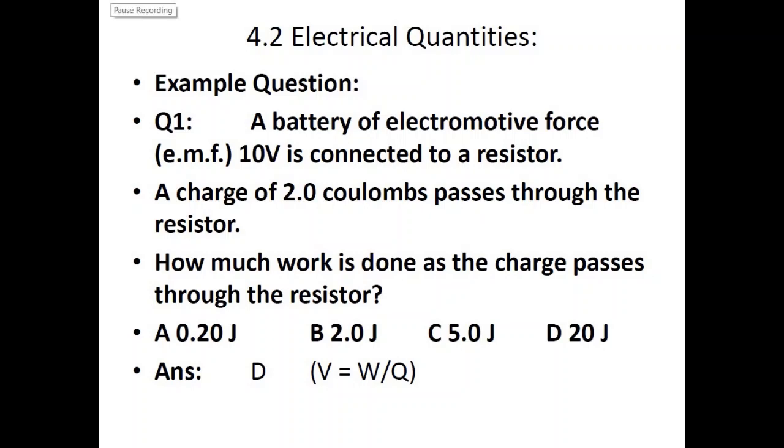Now we have to find how much work is done, so E equals W upon Q. We know the value of Q, that is 2 coulombs, and we know the value of E.M.F, that is 10 volt, but we don't know the work done, so we'll simply cross multiply. W equals Q into E, and that means 10 multiplied by 2, that should be our answer, that is 20 joules. Since it is energy, we'll give the answer in joules.